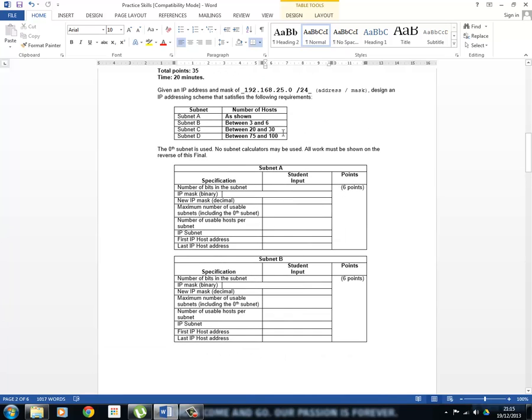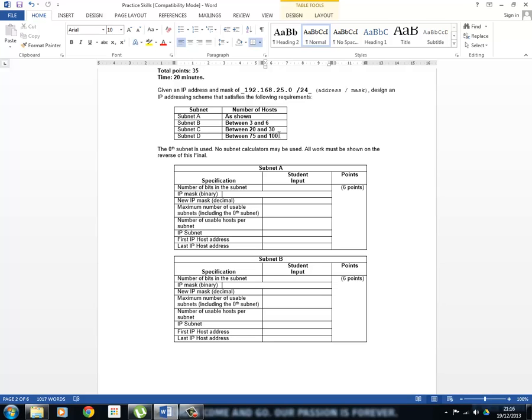Right. So if I move back up, I can see that I need something between 75 and 100 hosts. So if I use my calculation correctly, as I move along, I can get 75 or 100 or any number in between into 128. So that's telling me that the network is going to go up in 128. My start point is going to be 0. But my next network will start at 128 because I need to have 126, because 75 won't go into 64.